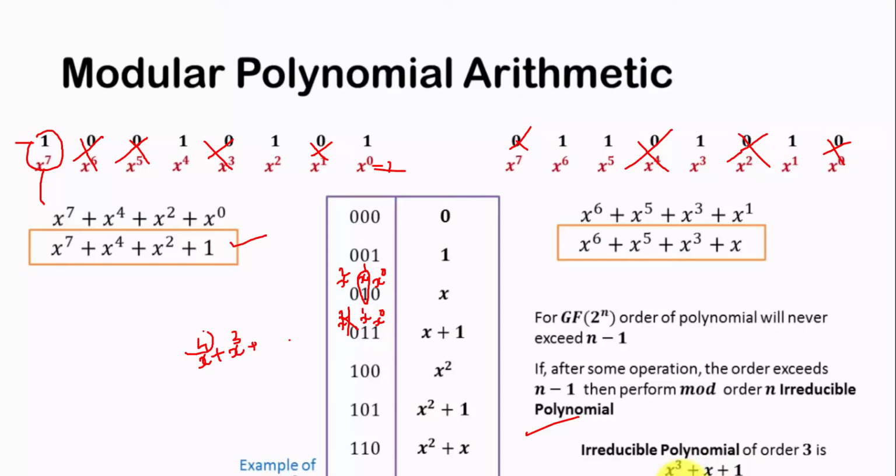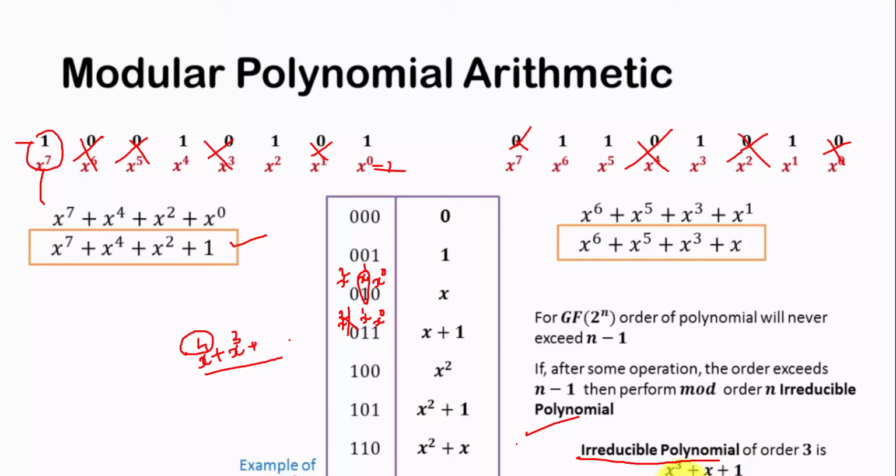That means the resultant polynomial order or degree exceeds our Galois field. In that case, we need to perform an additional division operation, or a modulo operation after this normal multiplication. And for performing this modulo operation, we need an irreducible polynomial.